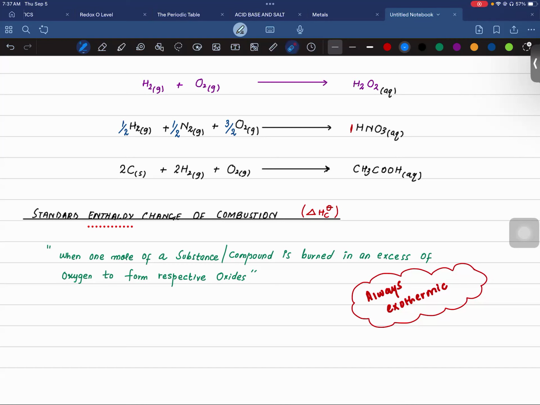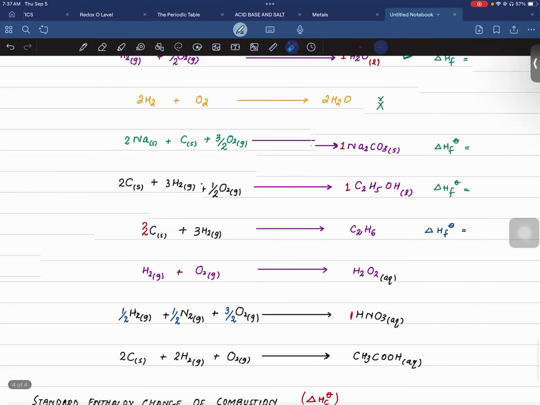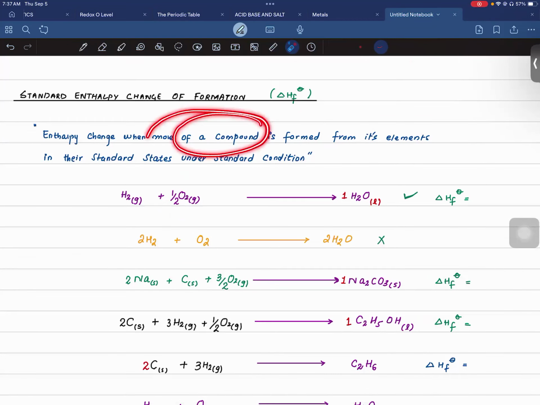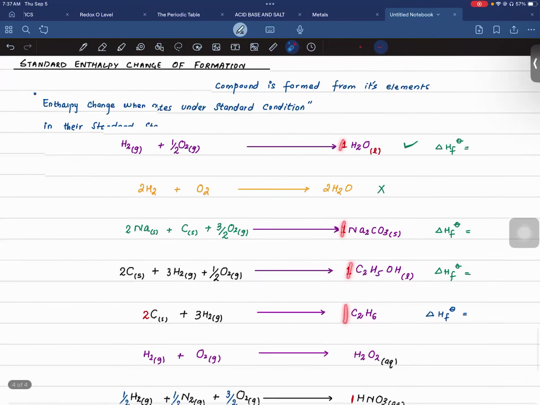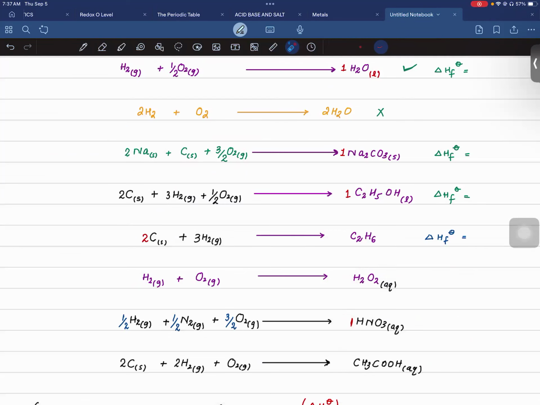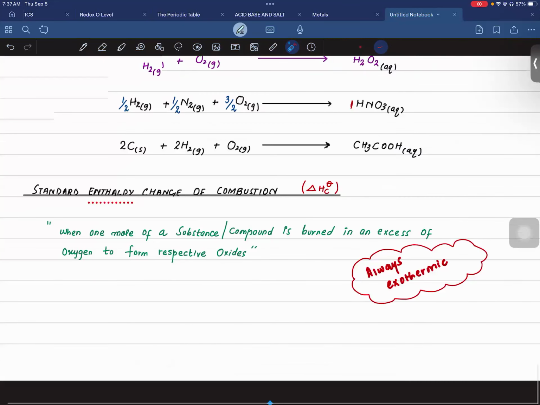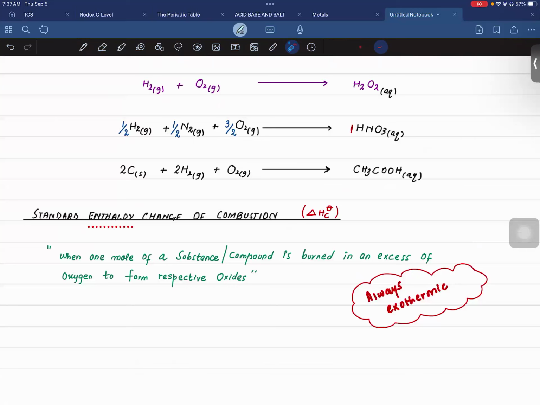So remember, in this definition, in this process, 1 mole of a compound, this is one, this is one. But in combustion, what we are doing basically, we are going to burn 1 mole of a compound.